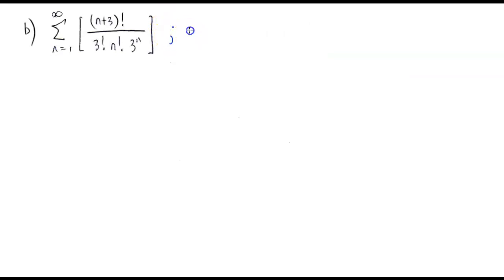So what we're going to do here is identify what our a sub n is. I'm just going to rewrite what we have there. And then of course, for our a sub n plus 1, everywhere we see n, we'll replace it with n plus 1.